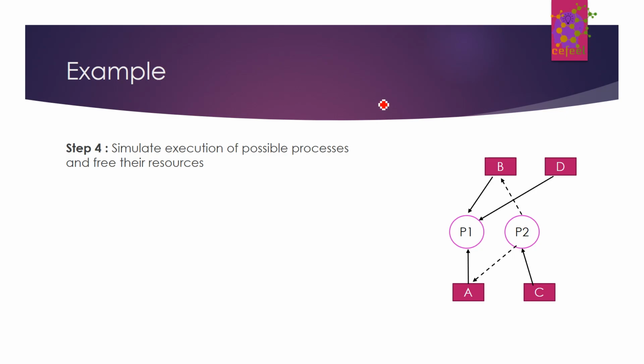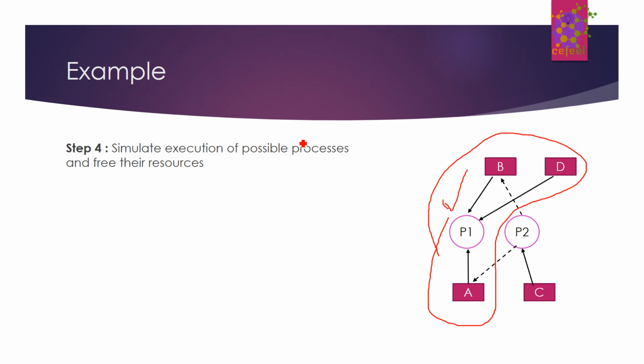So what do we have? We have P2, we have P1, and in fact P1 has all the resources it needs, A, B and D, so it can complete. So cool, we will make sure P1 is completed, and once P1 is completed we'll remove P1 and its edges from B and D.